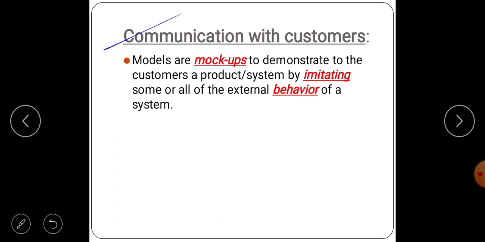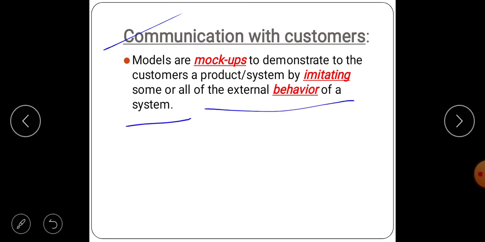Models are mock-ups to demonstrate to the customer a product or system by imitating some or all of the external behaviors of the system.